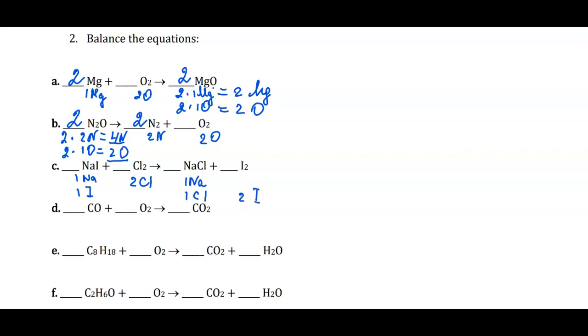And you can see chlorine and iodine are not balanced, so we just balance them. 2 here gives us 2 and 2, right? And 2 goes here, that gives us 2 times more. Now you can see your equation is balanced.